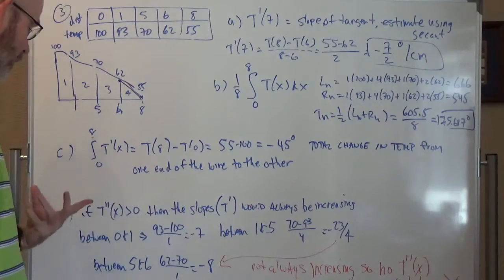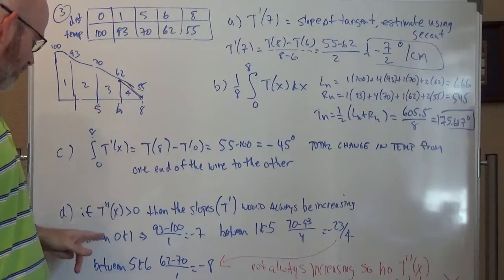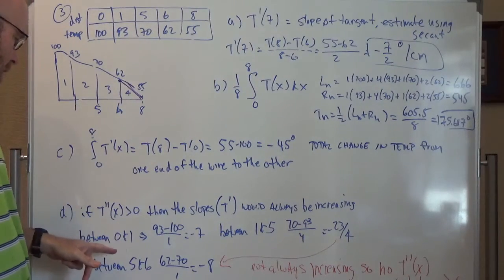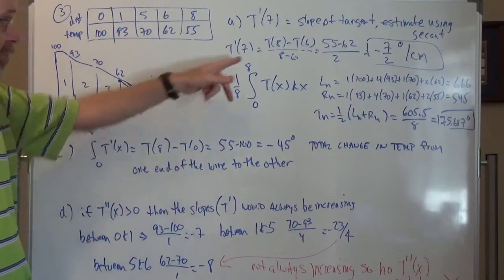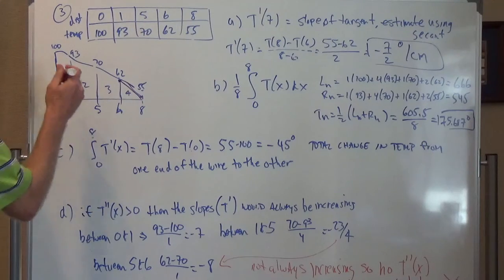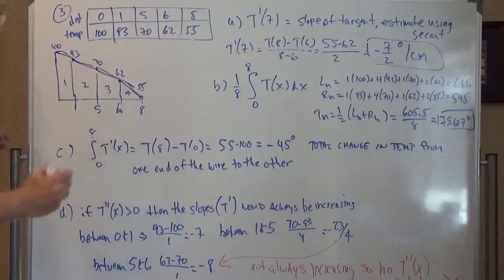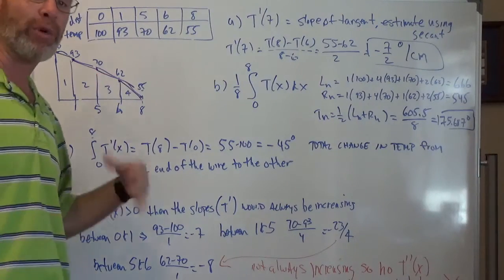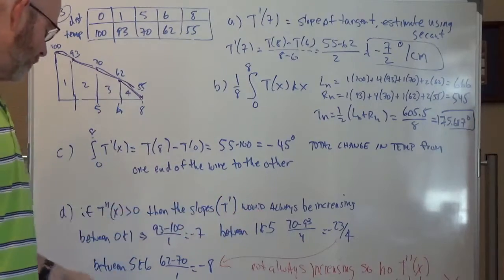So I just found all those slopes. I found the slope between 8 and 6, like I did up here. I found the slope between 0 and 1, and then between 1 and 5, and then between 5 and 6, just using the same formula. If all of those slopes are increasing, that means the second derivative would be positive, right? But they're not.